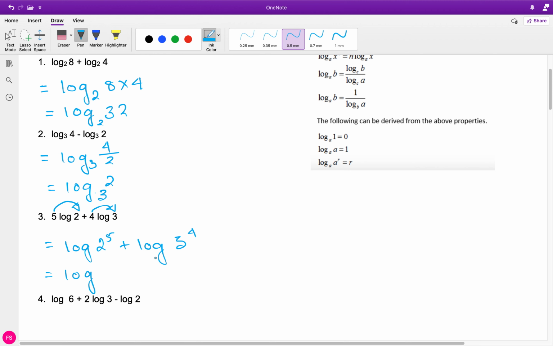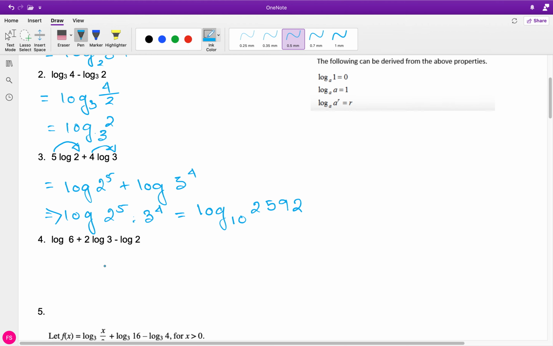So I have the same base, I can just multiply these two terms: 2 to the power of 5 times 3 to the power of 4. What's that going to give me? I need to use a calculator. It will give me log of, if you want you can write this out, and it's fine if you don't, 2,592.